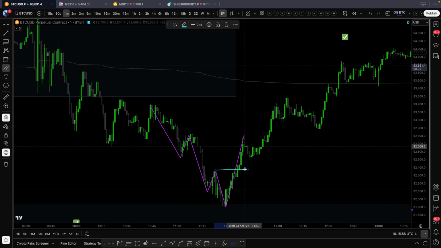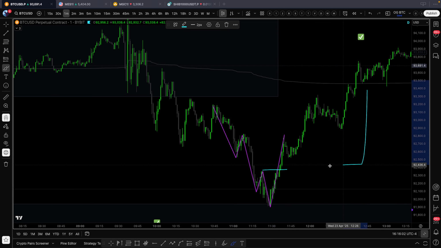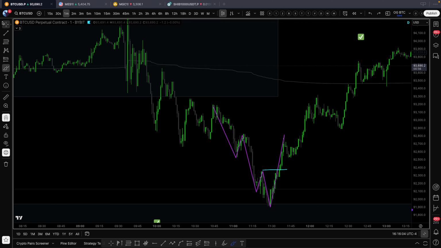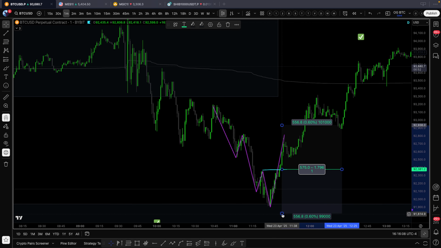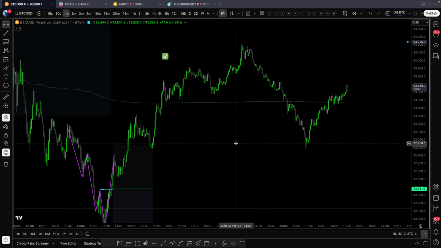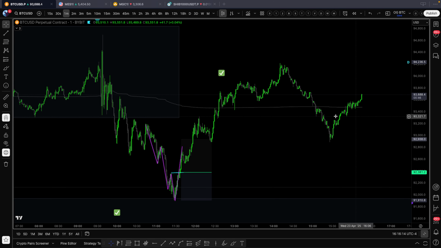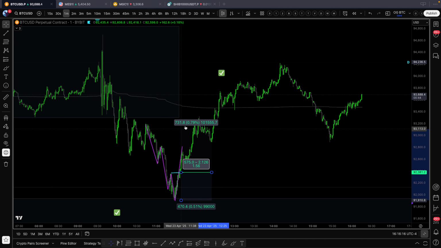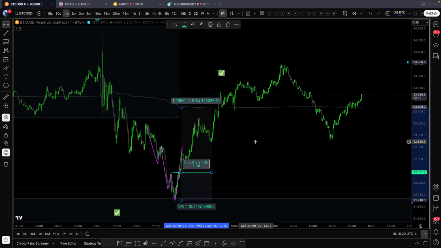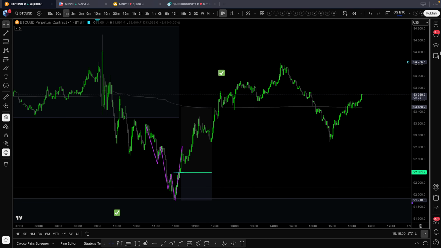So you broke there, and I immediately got in on that break. So I had my stop loss here. And at first I was targeting the VWAP for about a 2.3R trade.